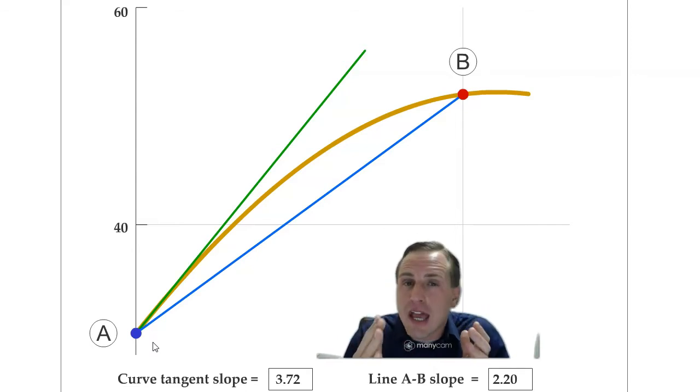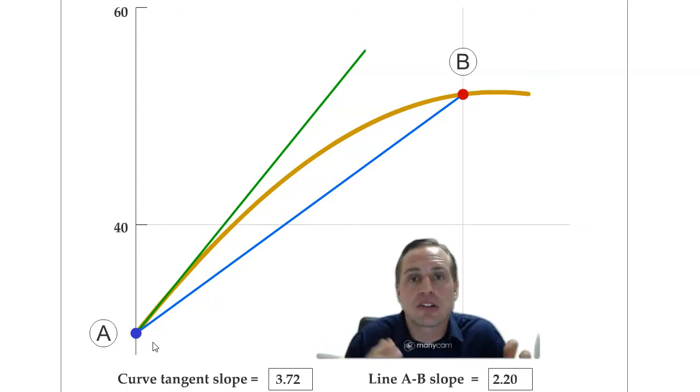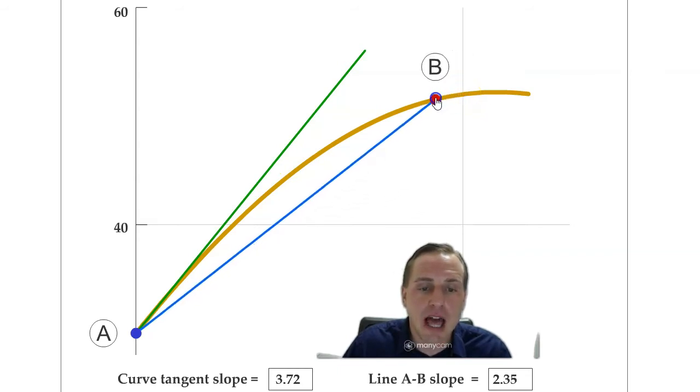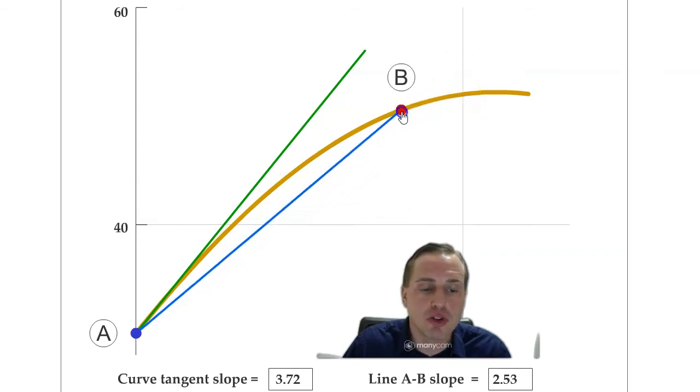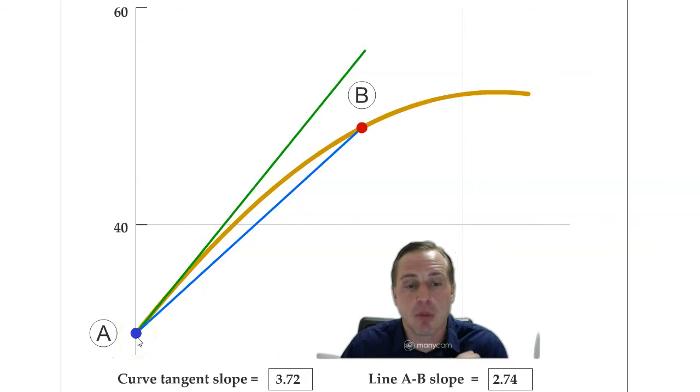So in order to get the velocity, which is the slope of the position versus time graph at just one moment, what we do is we take the secant line slope and we allow this point to approach the other point. Notice that the secant line slope is now getting closer to the slope of the green line, which is the tangent slope at point A.